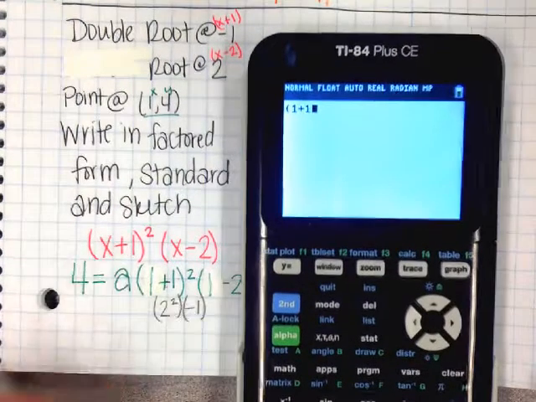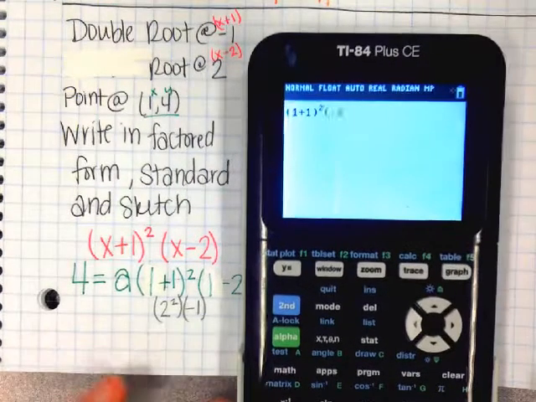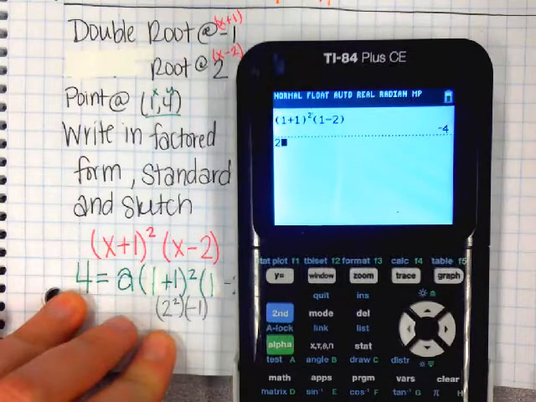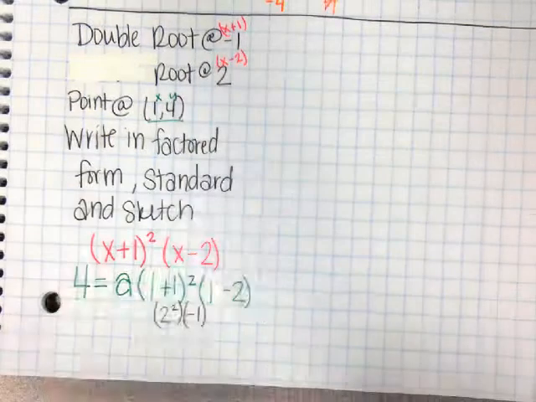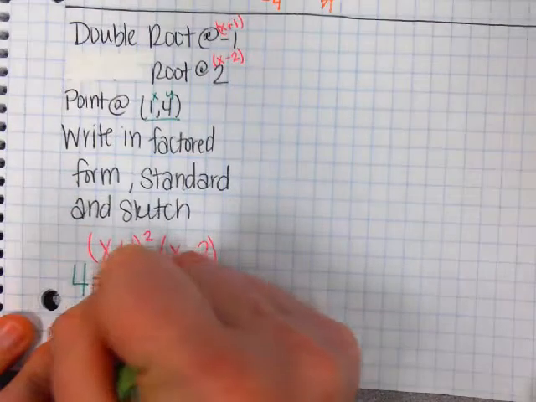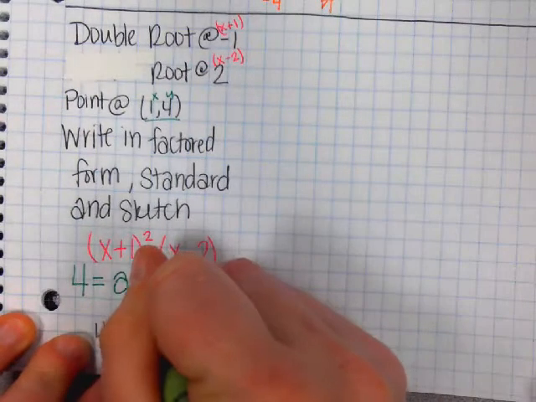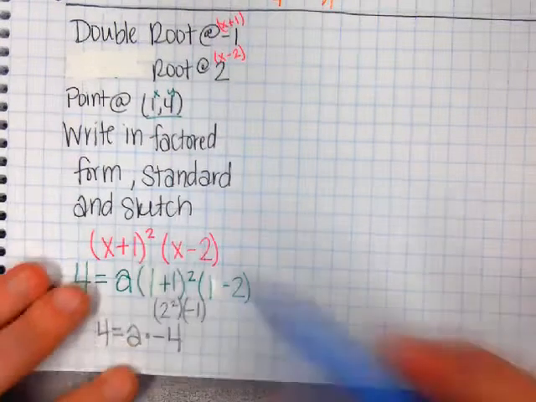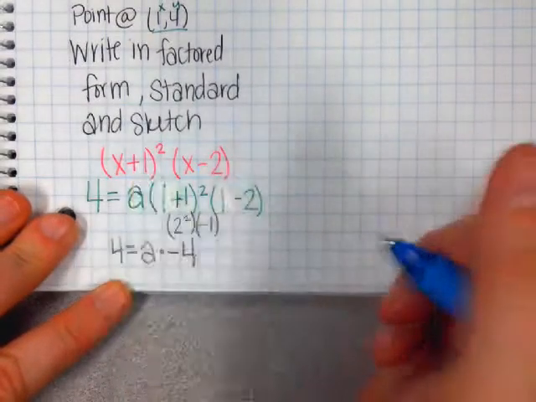You can actually type in all of this information right here. So 2 squared times -1 is -4. So it's 4 equals a times -4.